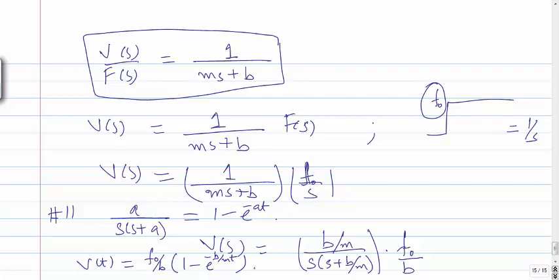So this is the same result that we calculated when we solved the differential equation directly to find the step response of this system. So this Laplace actually helps us to find these solutions.